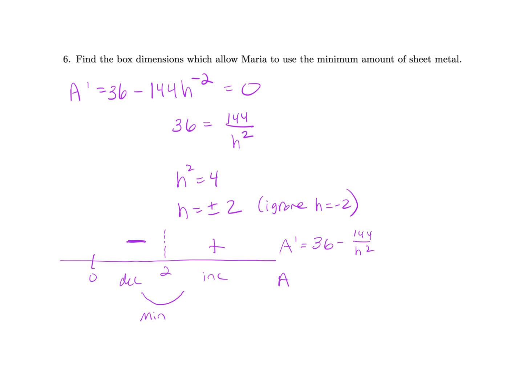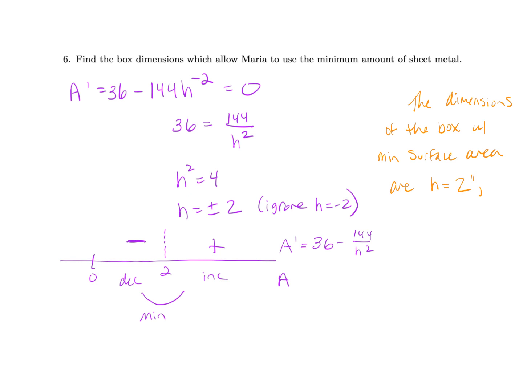All right, so I'm just going to write down my final conclusion. The dimensions of the box with minimum surface area are H equals 2, that's what we just figured out, and these were all in inches.